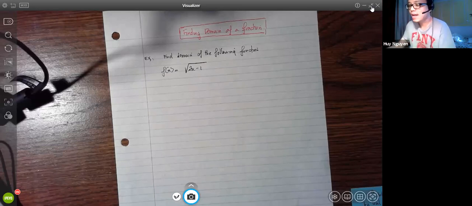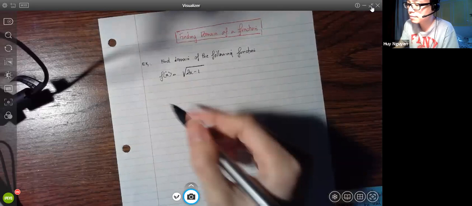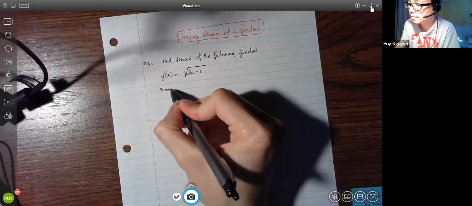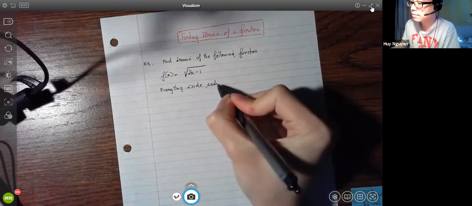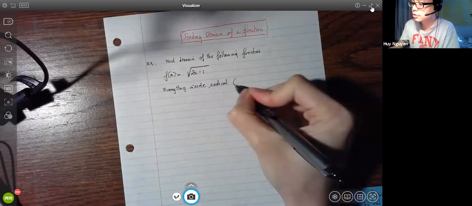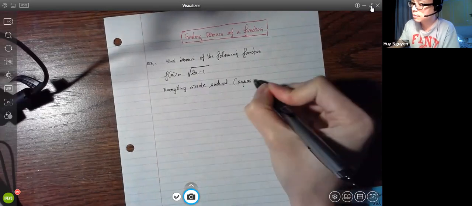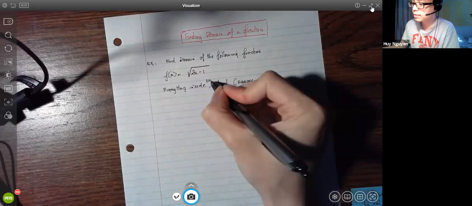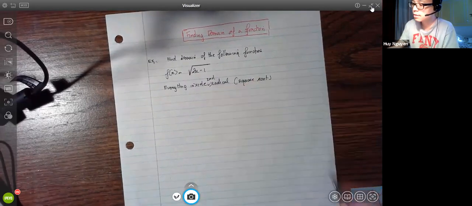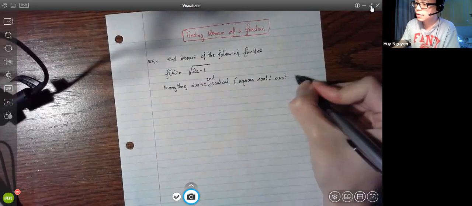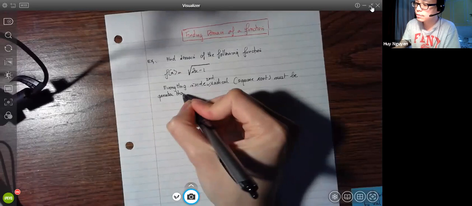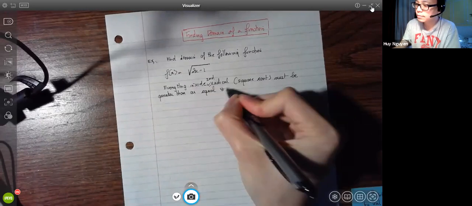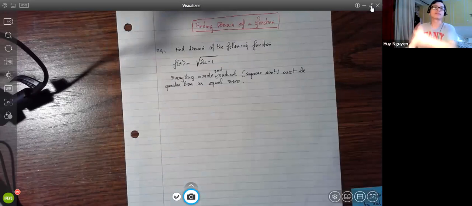it means everything inside the radical, in this case the square root, must be greater than or equal to 0. Because if it's negative, then you take the square root, it does not work.